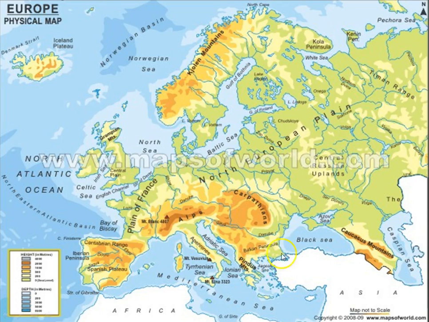But this is the place where Asia meets Europe, and over here Africa meets Europe. Of course, there is a Strait of Gibraltar over here, but in general terms you can say that this place, Spain and Morocco, are quite near to each other.